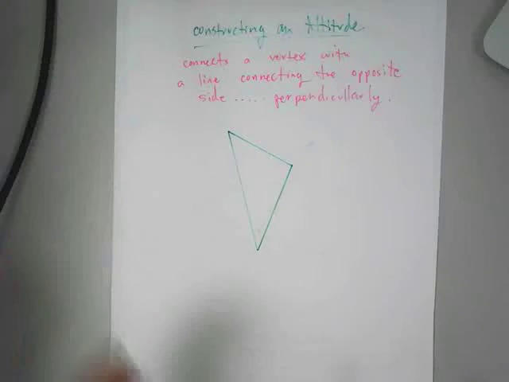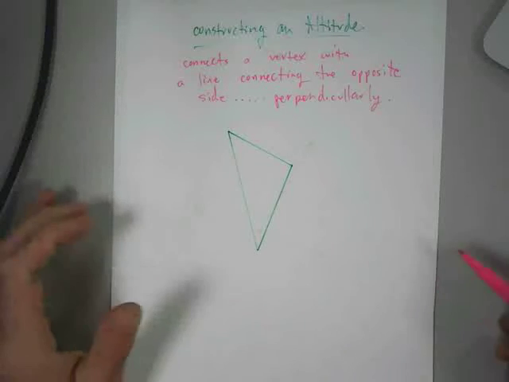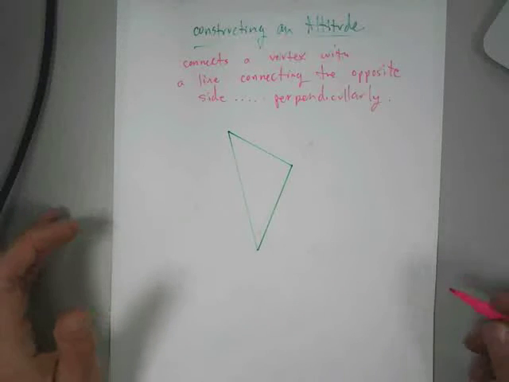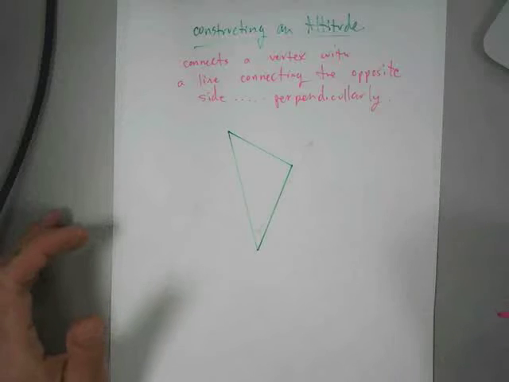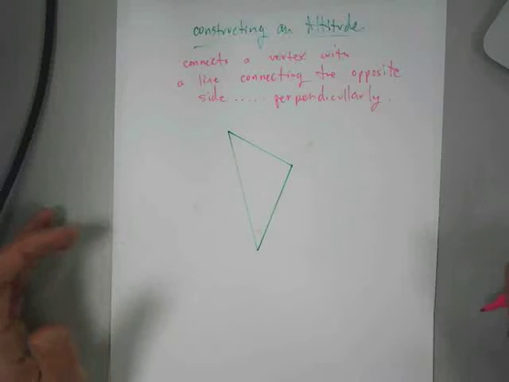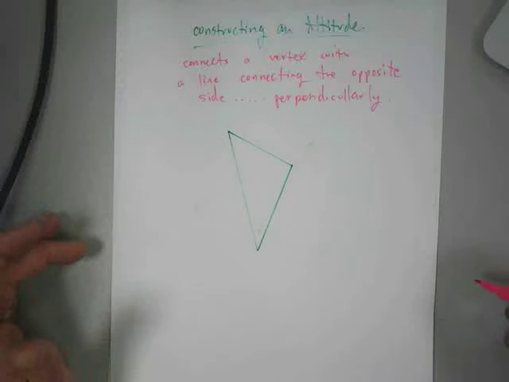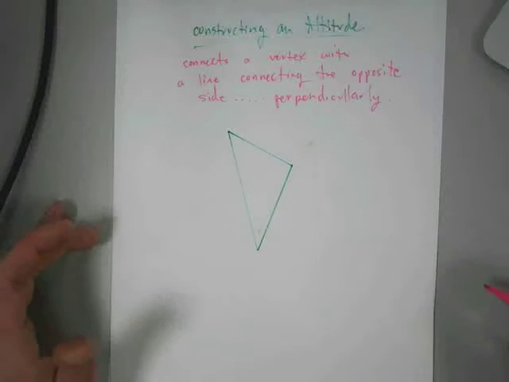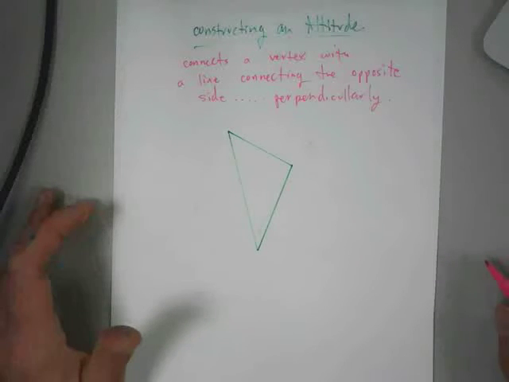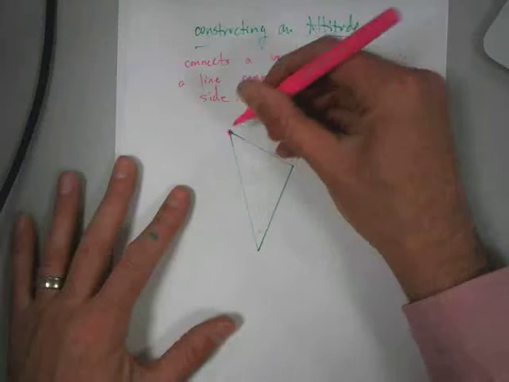I don't even know if that's spelled right, but it really just means it connects a vertex with the line connecting the opposite side, but that segment has to be perpendicular to that opposite side. Well, I'm going to do something funny: I'm going to do it from this vertex again.